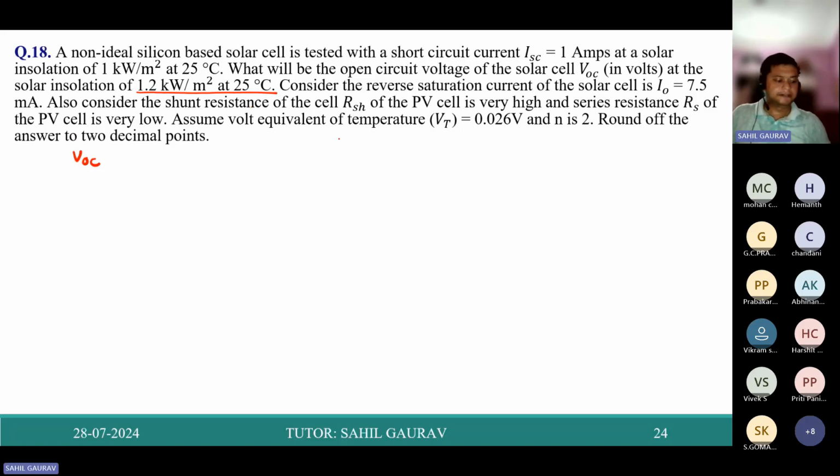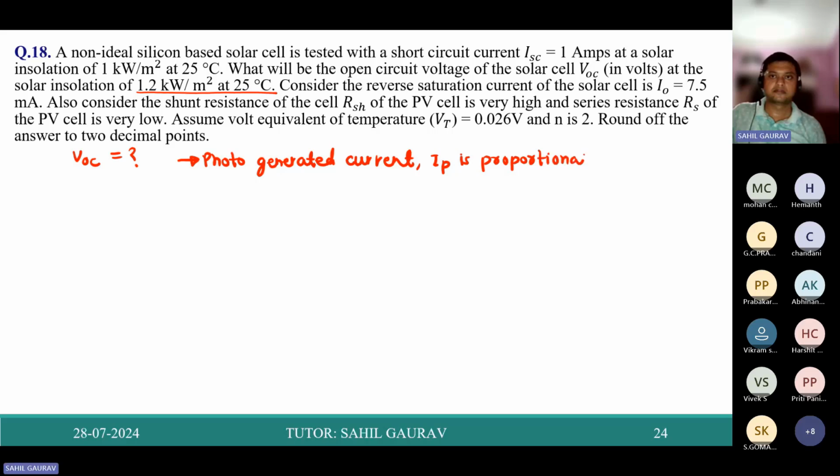We know that the photo generated current, that is IP, we also call it photo current, is proportional to solar insolation.